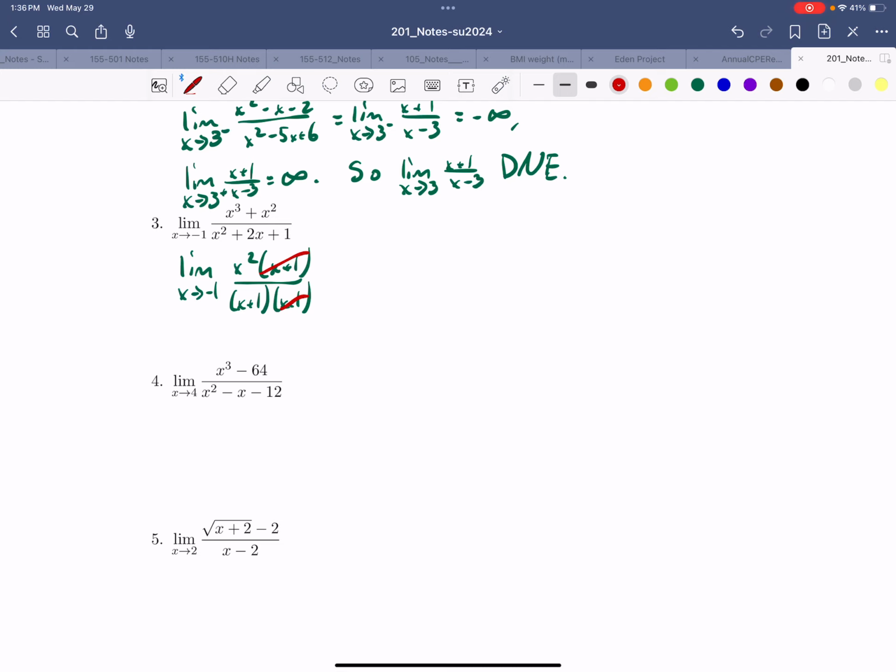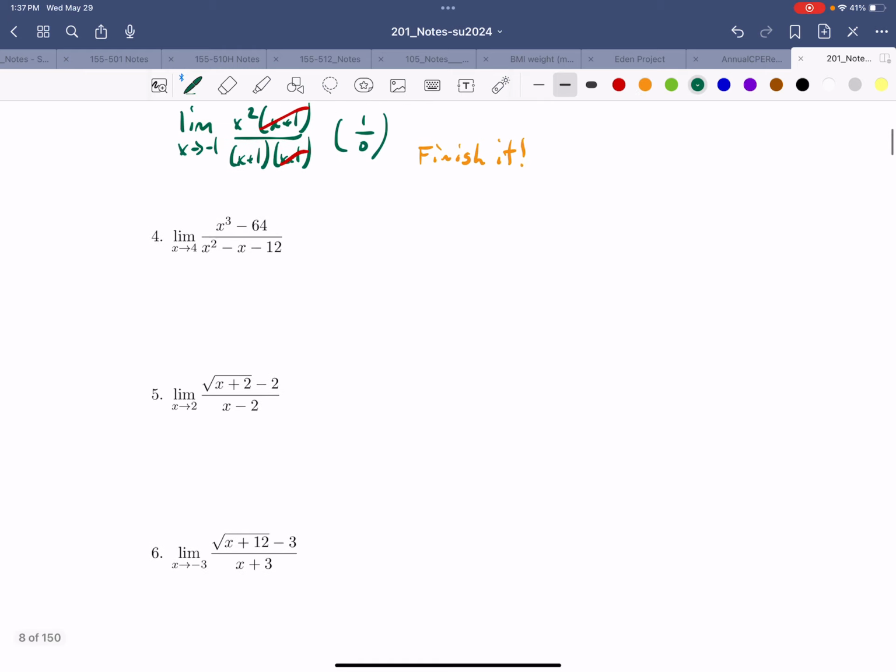Because if we tried to plug stuff in, we wound up getting negative 1 plus 1 equals 0 on the top, and we get 1 minus 2 plus 1 equals 0. So we get 0 over 0, right? So we needed to do this. And sure enough, when we do this, we wind up getting 1 over 0. So it's another infinite limit, I'll say. Try to finish this one.